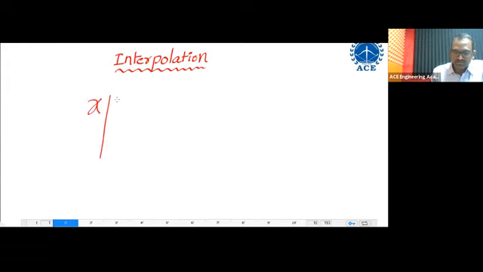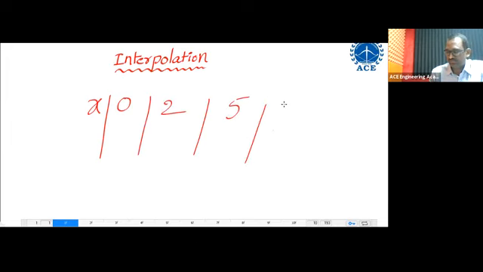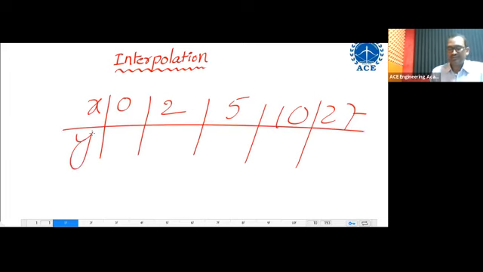For example, look at here, x values 0 to 5, 10, 27. Listen to me. Finding y value. Y is a function here. Finding y value for any x value between 0 and 2, that is interpolation. Y is a function. X is the independent variable. Y is the dependent variable, also called function.